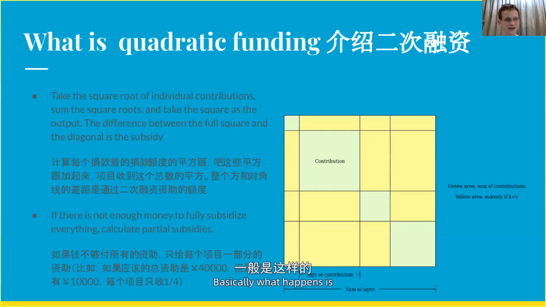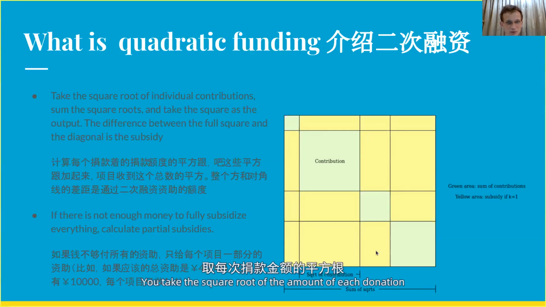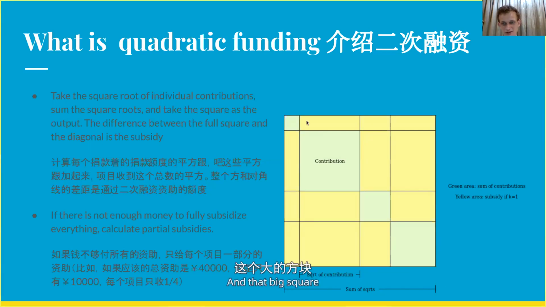You take all of the donations that went to a particular project, you take the square root of the amount of each donation, you add up all the square roots, and then you take the square of the sum.